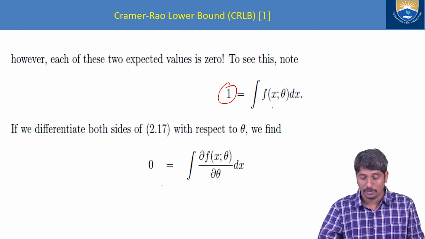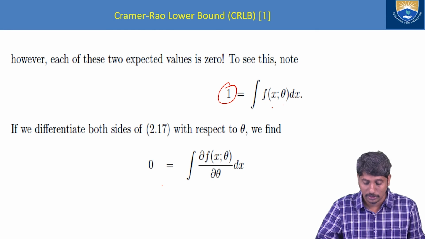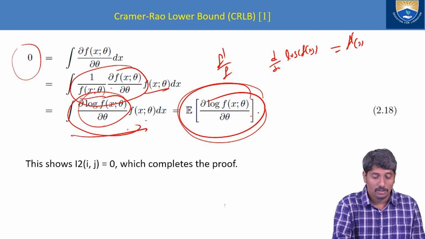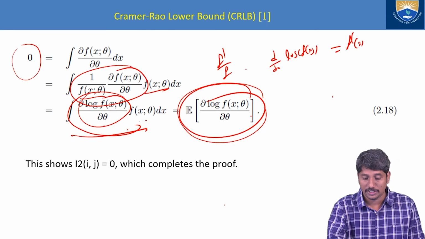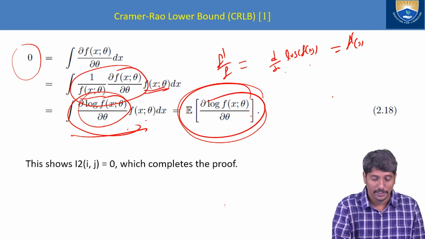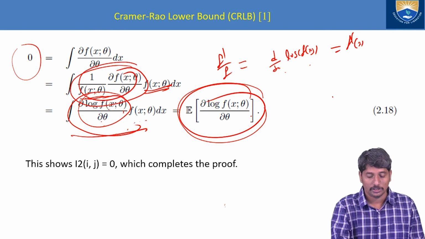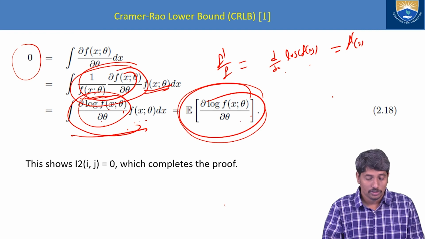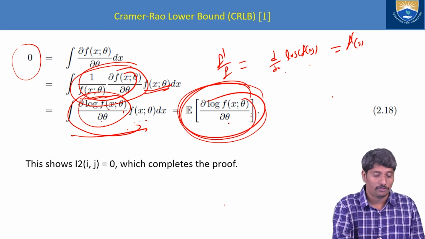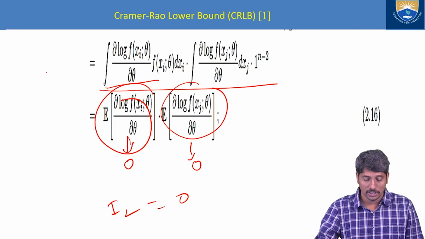The partial derivative of f of x comma theta with respect to theta, by using f dash x by f of x equal to derivative of log f of x, we multiply and divide with f of x and club this as derivative of log f of x. So we got this. This is nothing but expectation of this. So expectation of dou by dou theta of log of f of x is 0. By using that, this is 0, and hence I2 is 0.